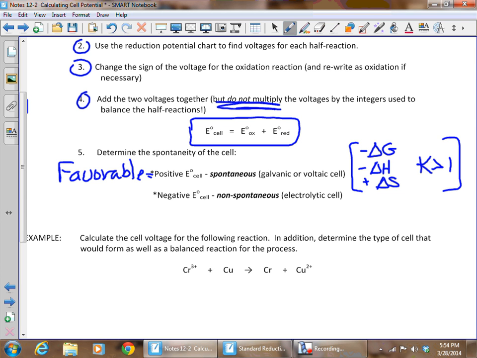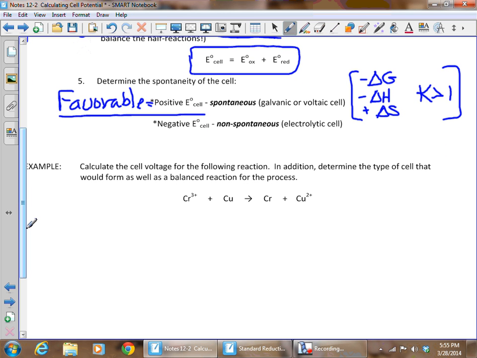So those are our favorable conditions, and we've just picked up another one, positive E cell. If it's a positive E cell, we're going to have a galvanic or voltaic cell that we could use for a battery. If, on the other hand, it's a negative E cell, it's going to be non-spontaneous, and that's our electrolytic cell.